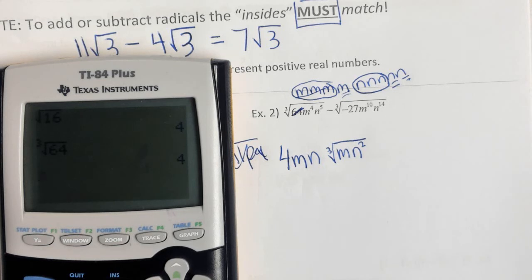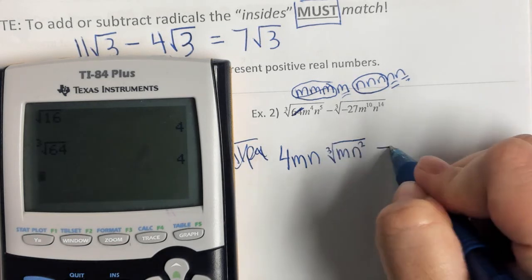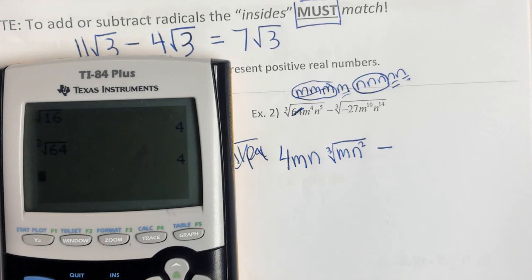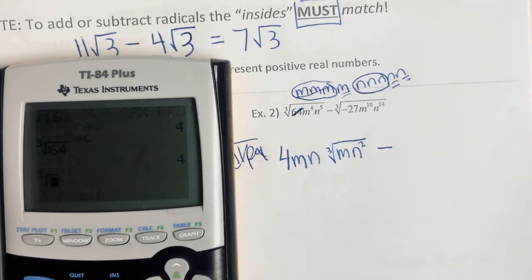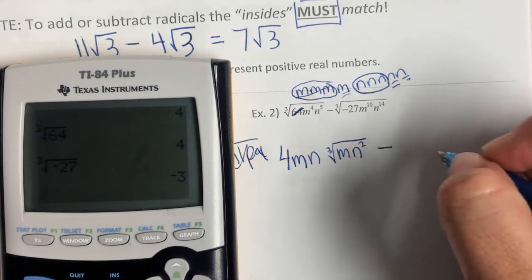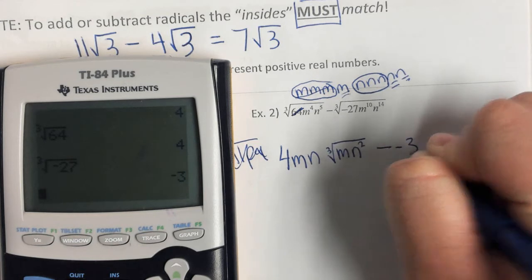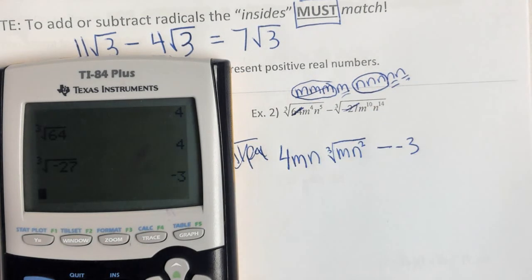You good? Okay, so then it says minus, so I'm going to put a minus. And I have cube root of negative 27, so cube root is math 4, negative 27. What do I get? Negative 3, and there's no decimals, so it's a pretty number. I didn't have to do the factor tree at all.